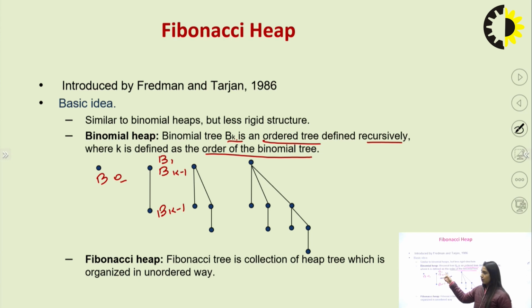If the order is 1, then 1 minus 1 is 0, so this node is B0 and again B0, and we connect these nodes. The order of this tree is B2. Bk minus 1 means B1.